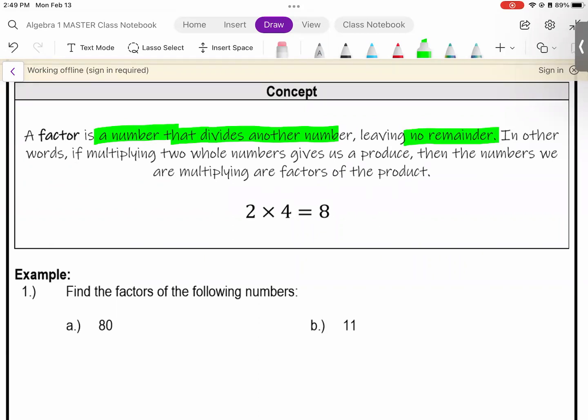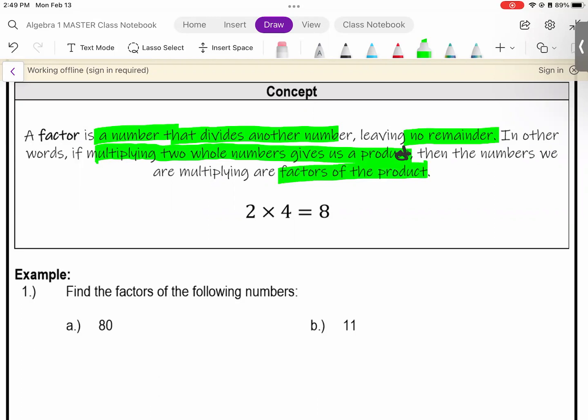So in other words, when you multiply two whole numbers that give you a product, then the numbers that you're multiplying are the factors.